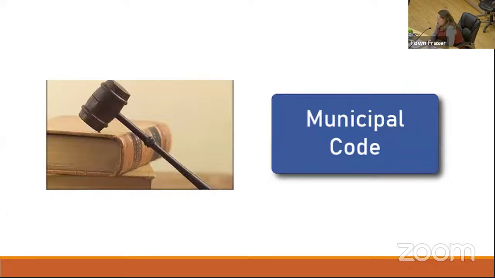So the Planning Commission and the Planning Department is clearly very involved in the municipal code, specifically the Land Development Code. The Planning Commission would be the first reviewing body for any changes to the subdivision regulations and or the zoning code, and things like the sign code and parking. It just takes a lot to get through the code.